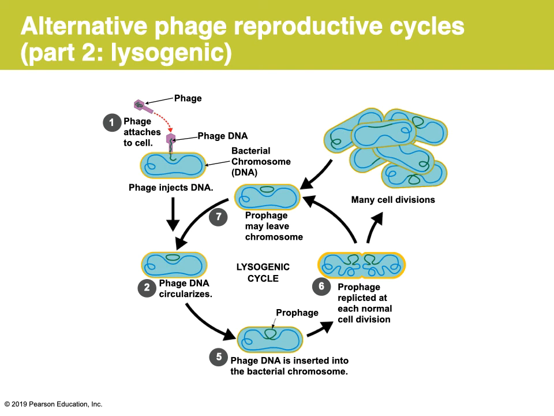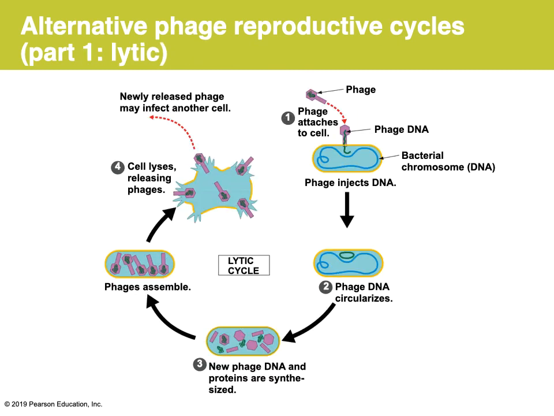So instead of taking out the bacterial DNA and just making copies of itself, it becomes part of the genome of the bacterium. So now every time that bacterium duplicates its genetic material and divides, along with it are copies of the prophage. So each normal cell division, you're having more and more bacterial cells with that prophage being in there. Eventually, the prophage may leave the chromosome, and it will then go into the lytic cycle.